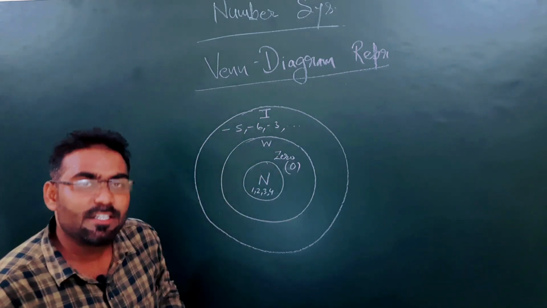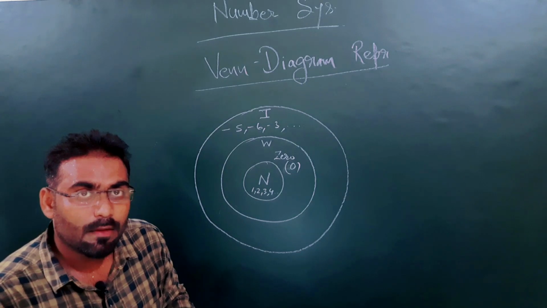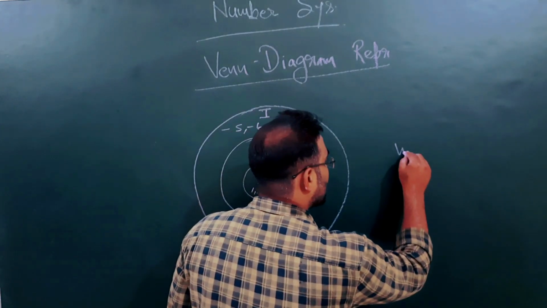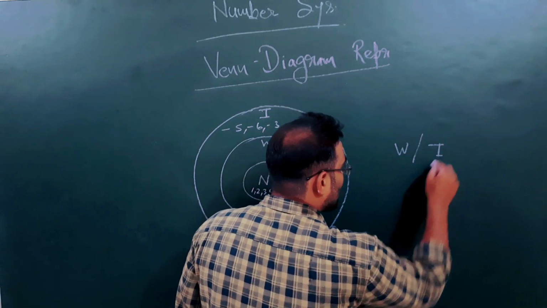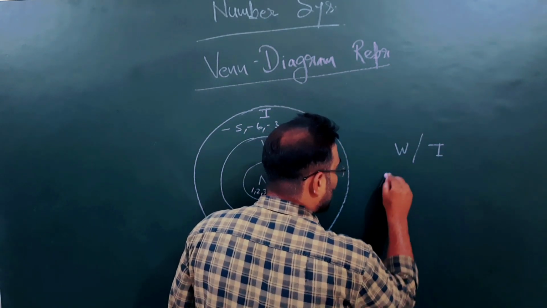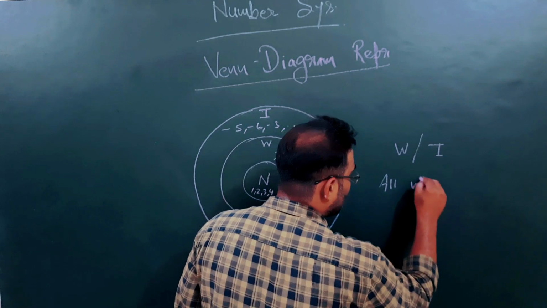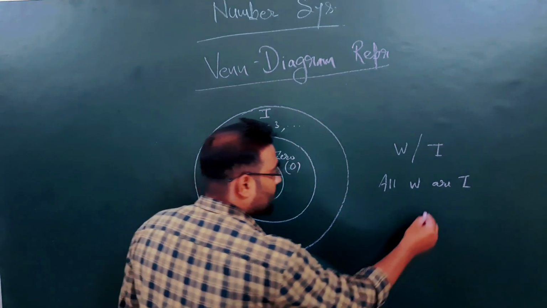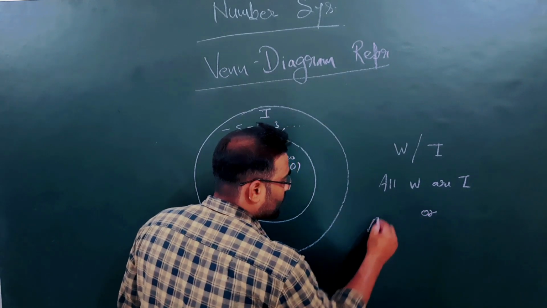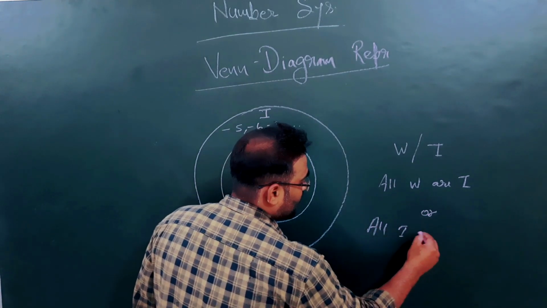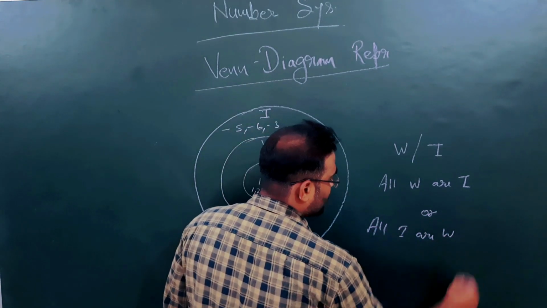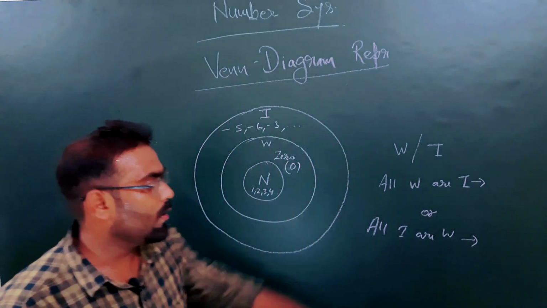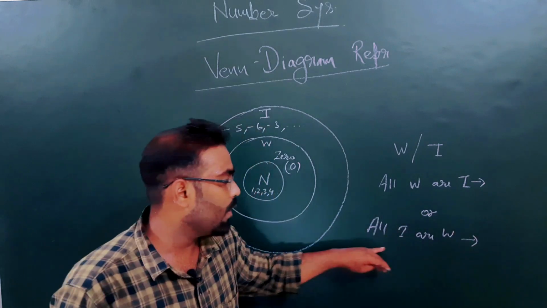There's always a confusion: do all whole numbers are integers, or let me write it, all W are I, or all I are W. Which one is correct? All W are I or all I are W.